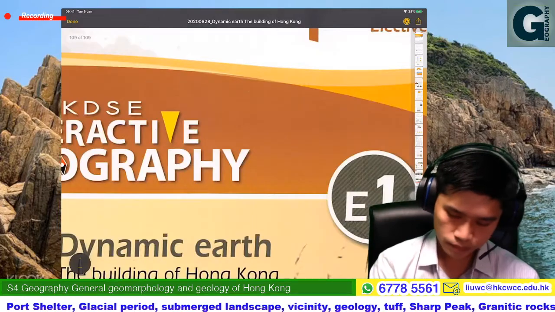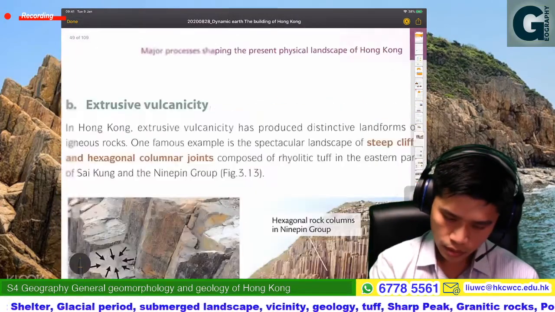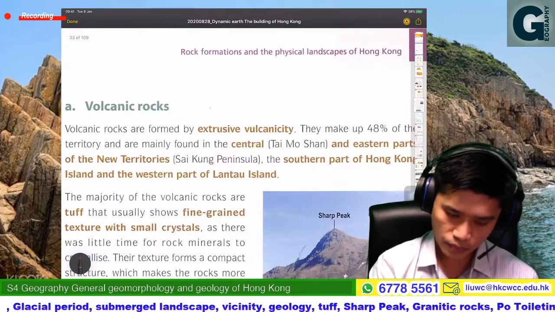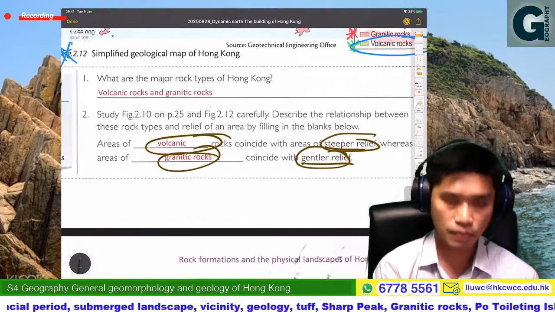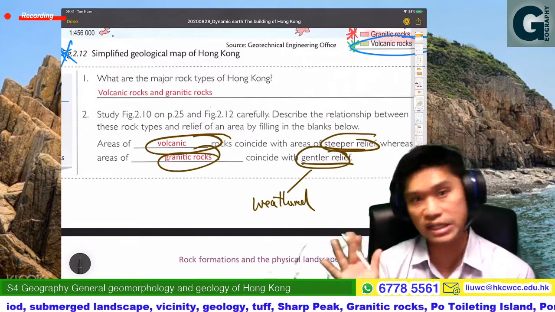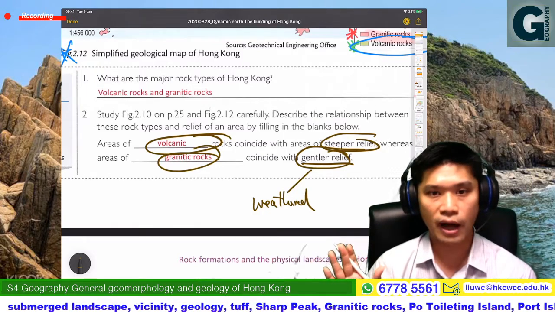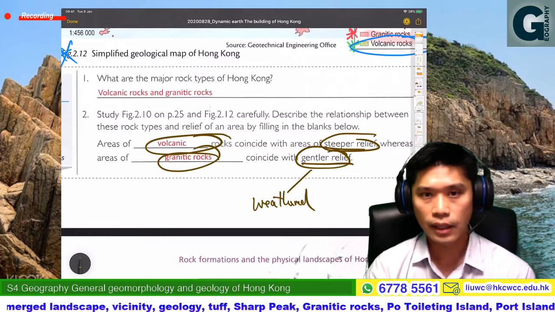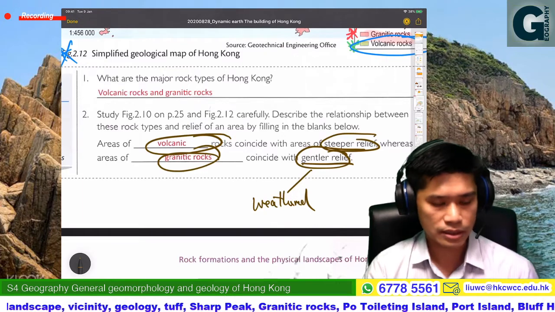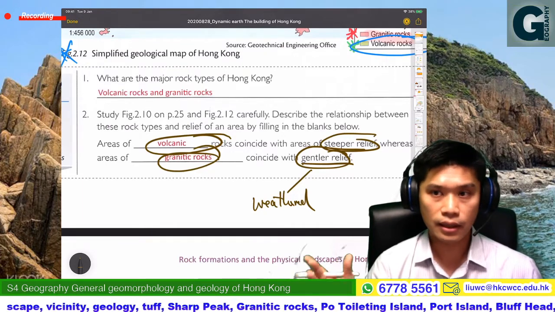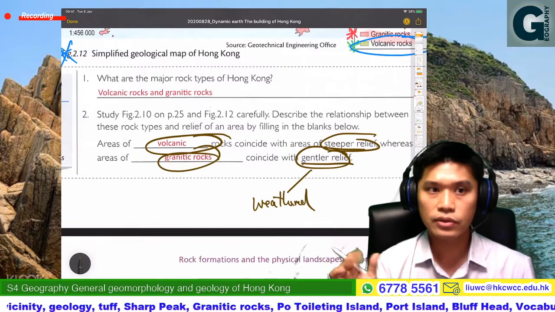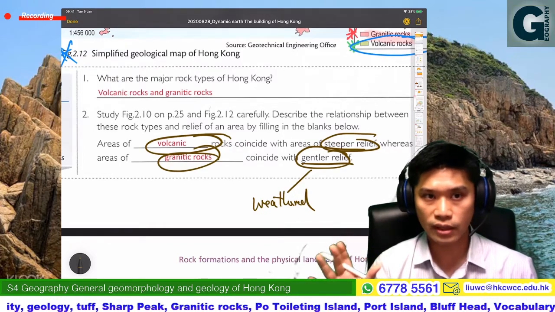It is because the granitic rock can be weathered easily，容易啲去到風化。咁我哋之後講風化得唔得？花崗岩係容易啲受到風化嘅，因為長石尤其是會容易啲俾化學風化所影響。Okay? So therefore, that would be the relationship between volcanic rock and granitic rock.